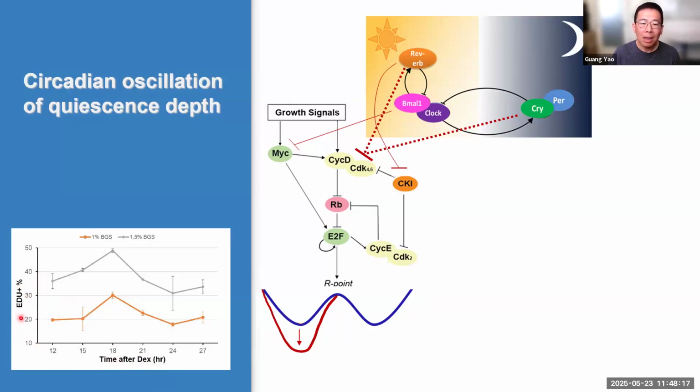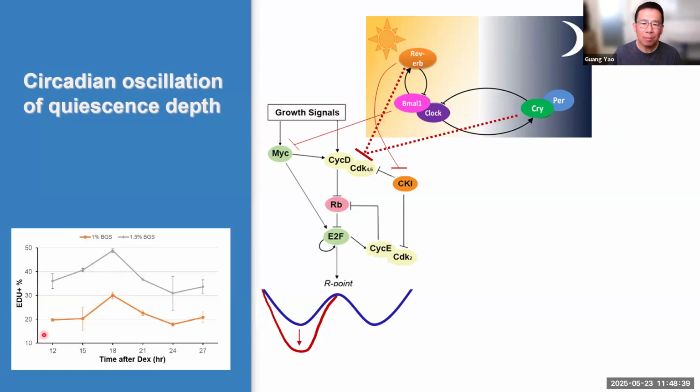Then the cells are in quiescence, and with the dexamethasone they are also synchronized for the circadian machinery. Now they are all in the same phase in the culture plate.